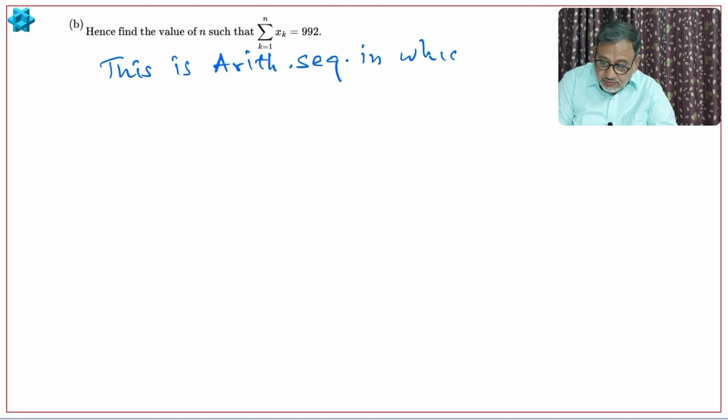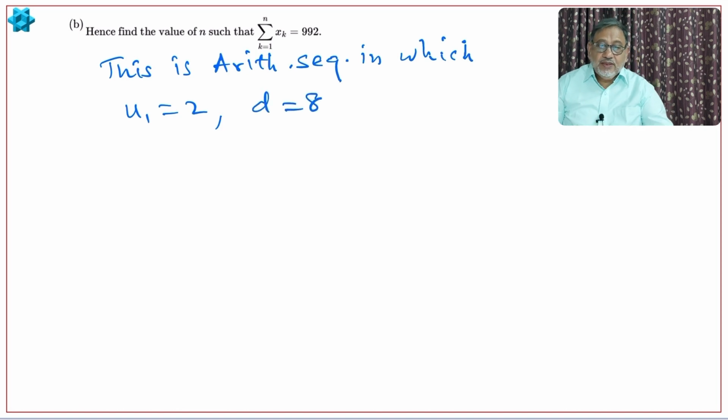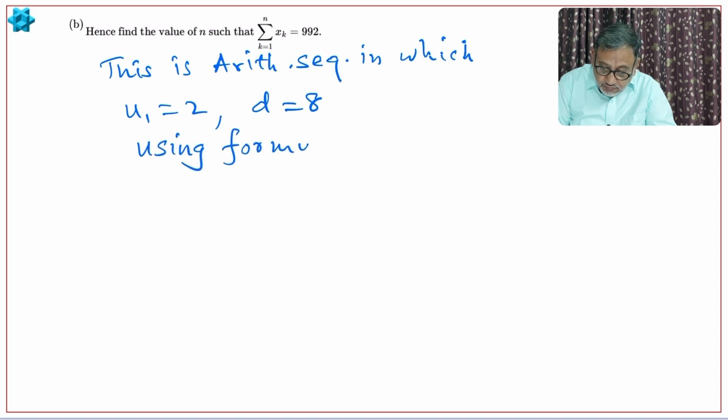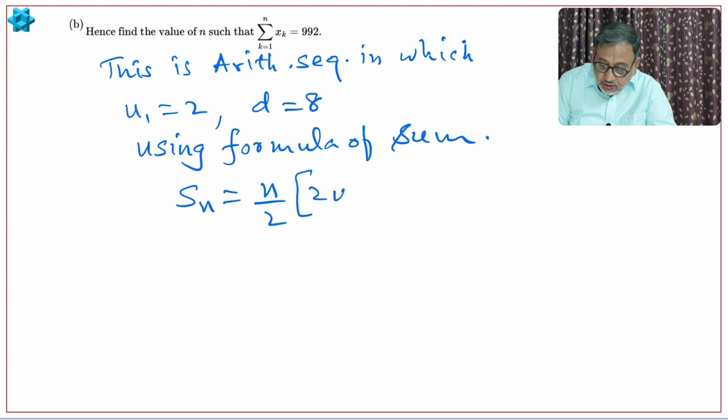Okay. So this is arithmetic sequence in which u1 is 2 and d is 8. Okay. So using formula of sum, Sn for arithmetic sequence n by 2, 2u1 plus n minus 1 d, right?